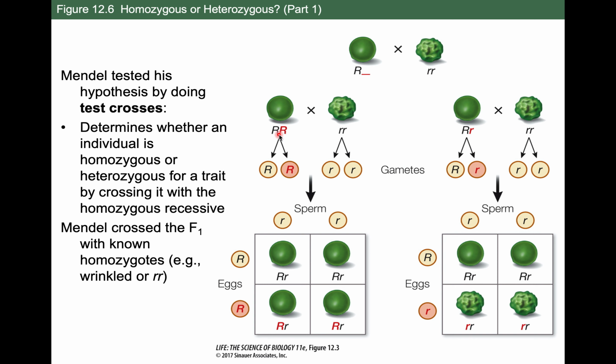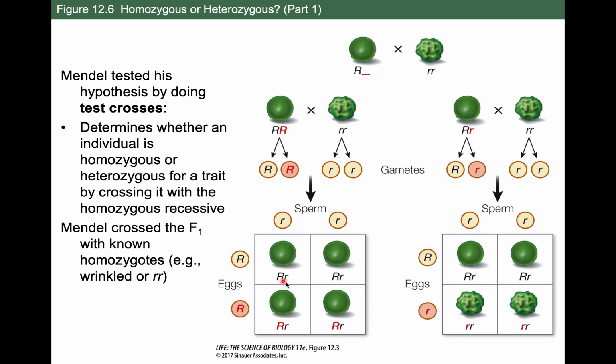And depending on what the genotype of the dominant parent was, you would get 2 different outcomes. So if this smooth pea parent plant was big R, big R, then when he crosses it to the homozygous recessive, all the pea plants that he gets from that cross are going to be smooth.